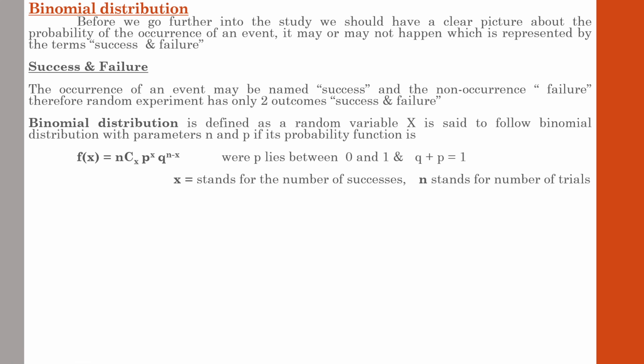We will come to that with an example, then you will get a picture. P represents the probability of success and Q represents the probability of failure, and it is very easy to find. If P is 1 by 3, Q will be 2 by 3, right? Because 1 minus P is Q, so you will get the values of P and Q. We will discuss with an example, then you will get a clear picture.